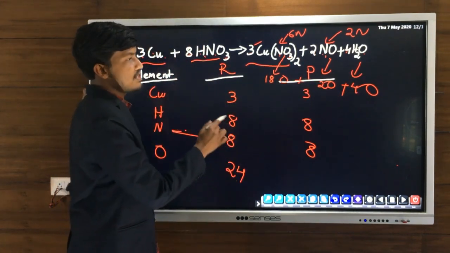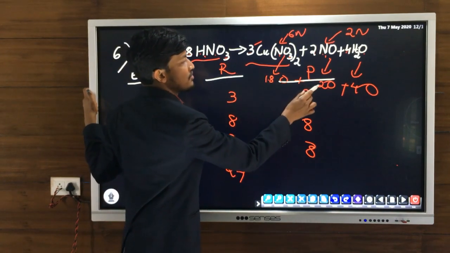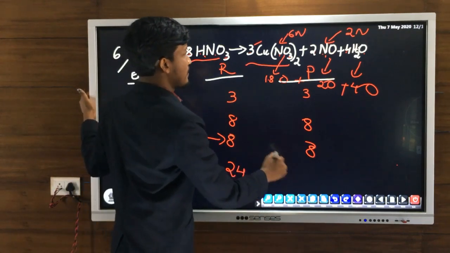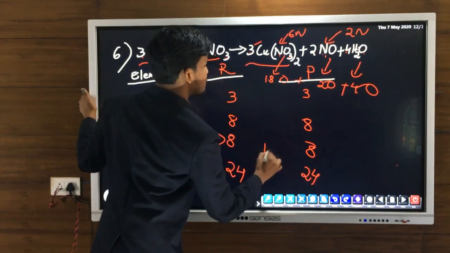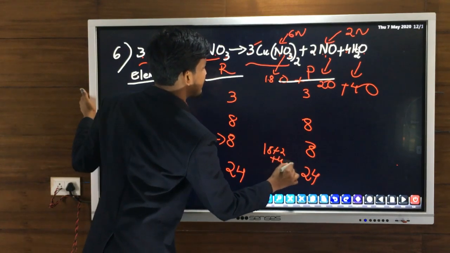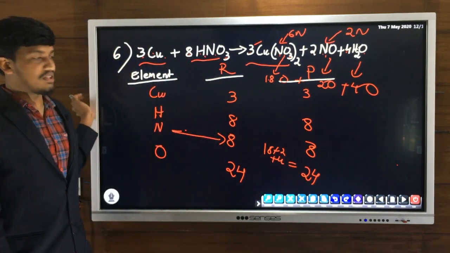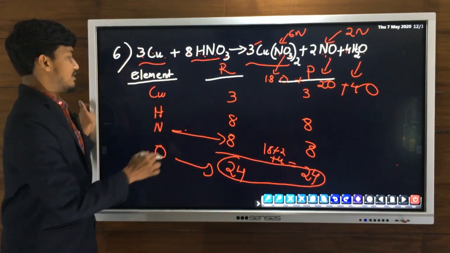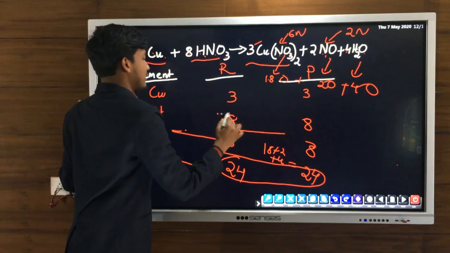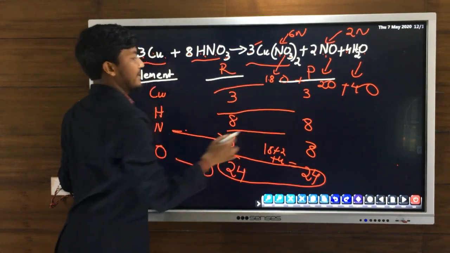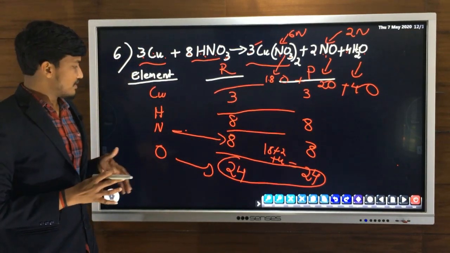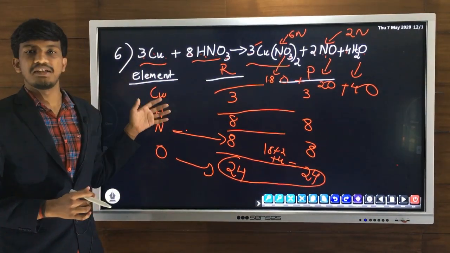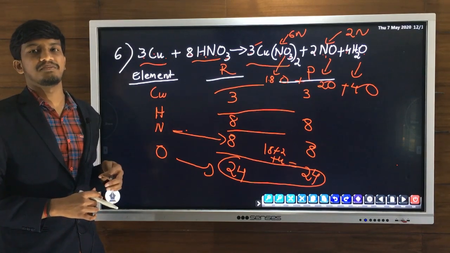So the total number of oxygen atoms on the right side is 18 plus 2 plus 4, which is 24. So the number of oxygen atoms on the RHS is 24, nitrogen atoms 8 equal, hydrogen 8, Cu 3 atoms equal. So all the atoms are equalized on both sides of the equation. So we can say that it's a balanced chemical equation.